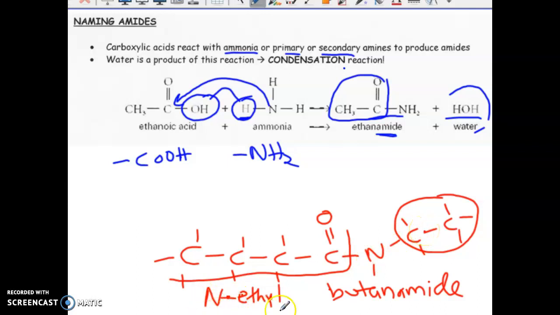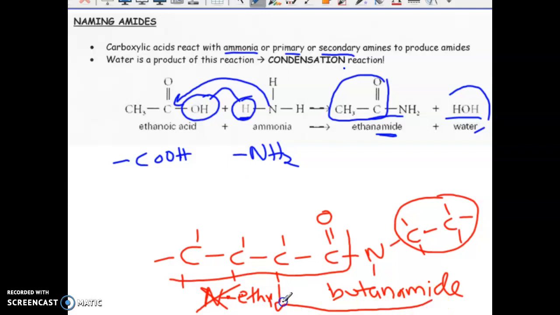Now, technically, because of the way naming structures work in amides, the N can or cannot be there. It means the same thing. Because everything before the space automatically means what is on this nitrogen, you can have the N there, or you may not need it. You can just say ethyl.